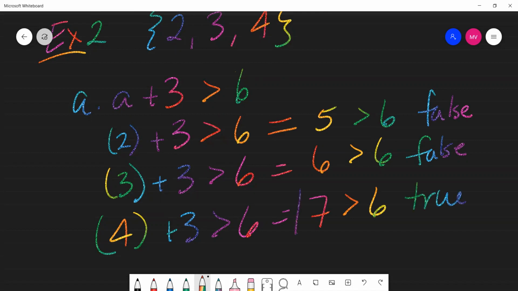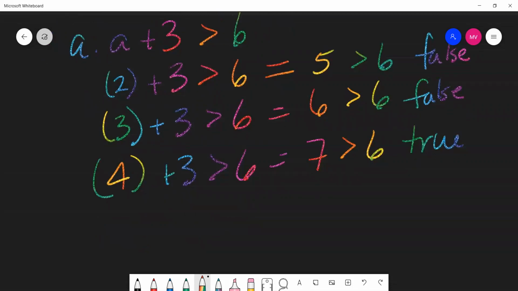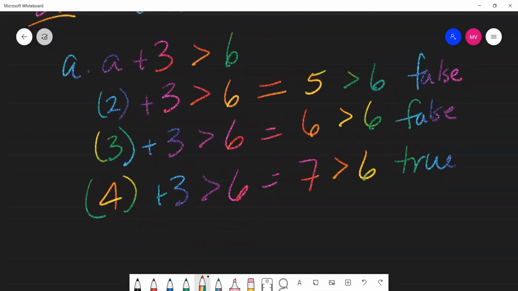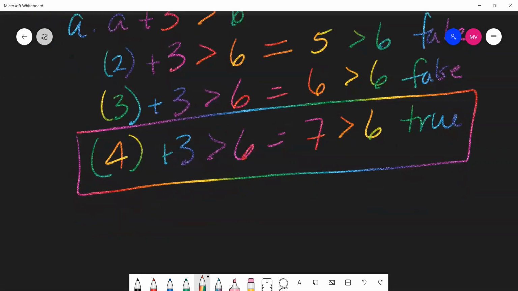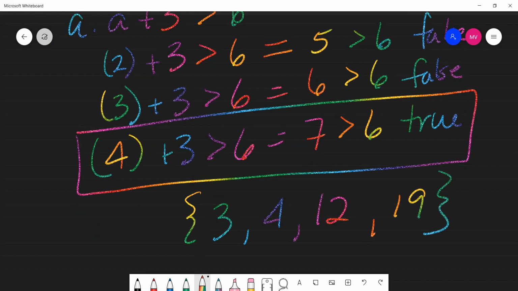Okay. All right, so what that means though, once you have determined which one is true, so if 4 plus 3 is greater than 6, that means that if they gave you a set that maybe said, oh, that's wonky, 3, 4, 12, and 19.